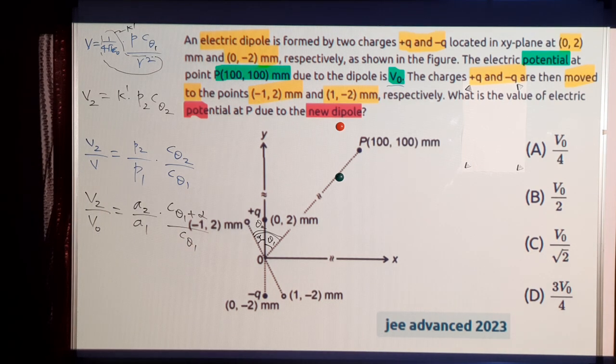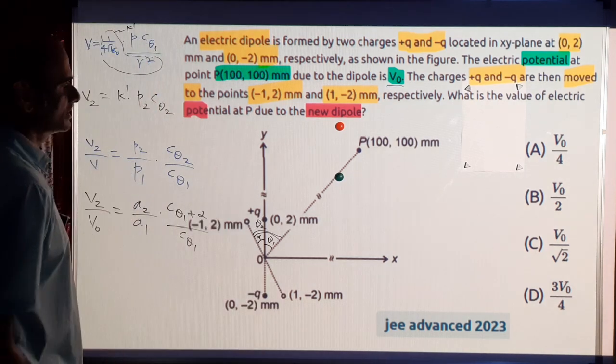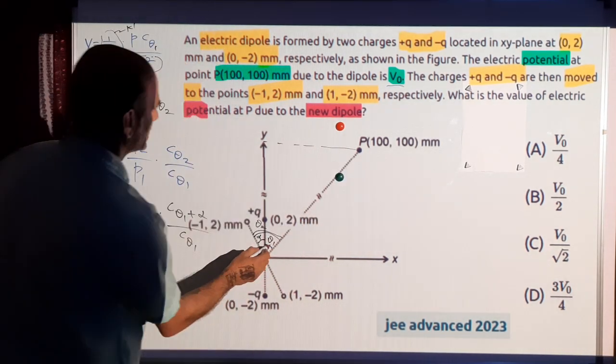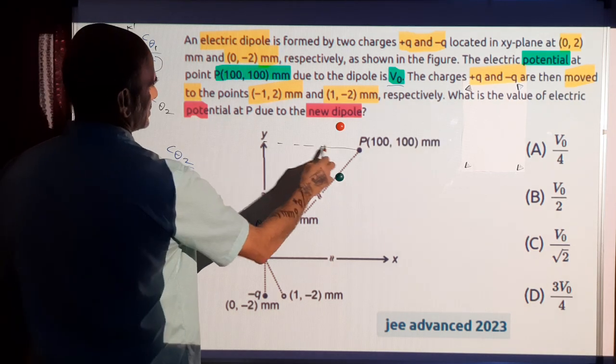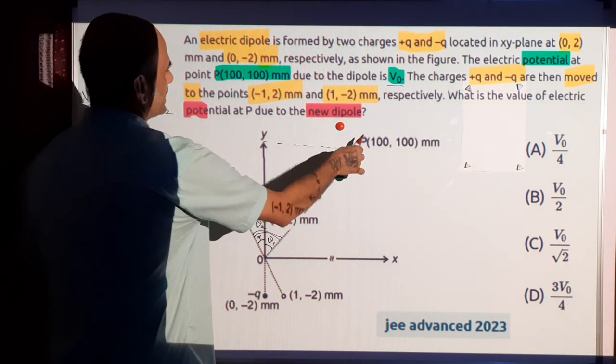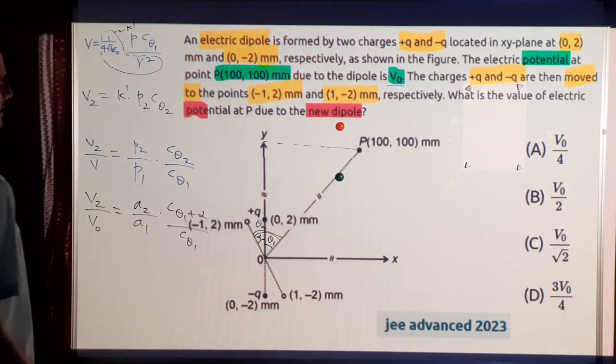And theta 1 is 45 degrees because this point is 100, 100. So I can get this angle like this also. This is actually a 45 degree line. Only then x and y will be the same. So this angle theta 1 is 45 degrees.